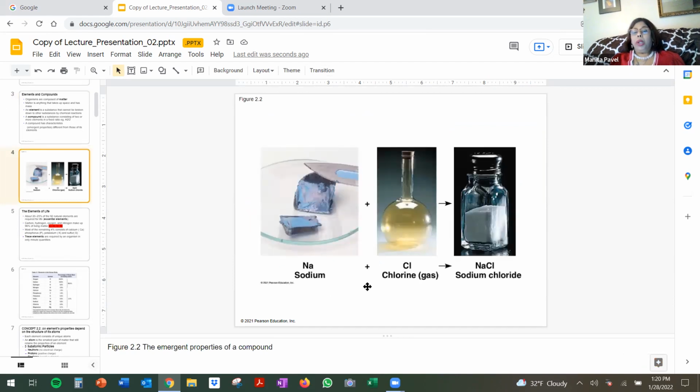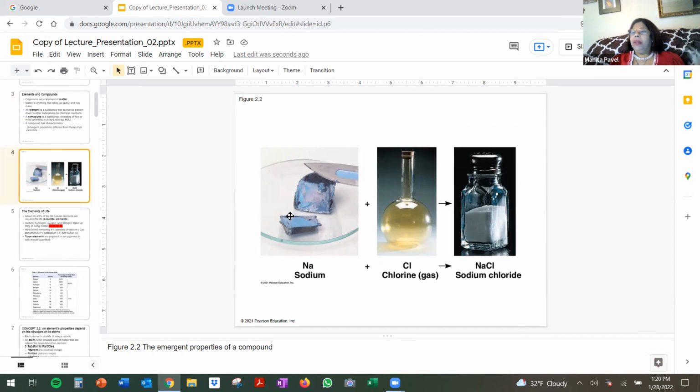Another one, we are looking at 2 different elements to form the compound. We are seeing sodium, natrium, Na, chlorine. We know chlorine is a gas, but sodium is a metal. It's a silvery white metal.